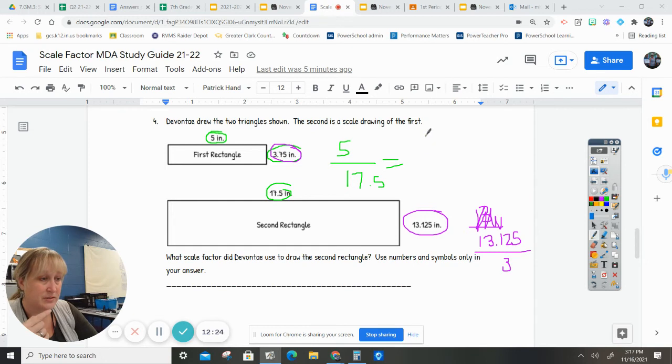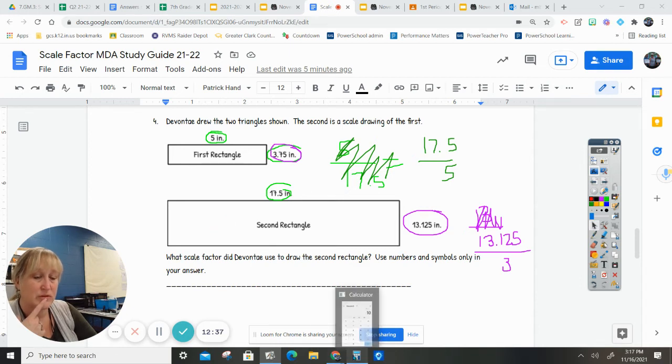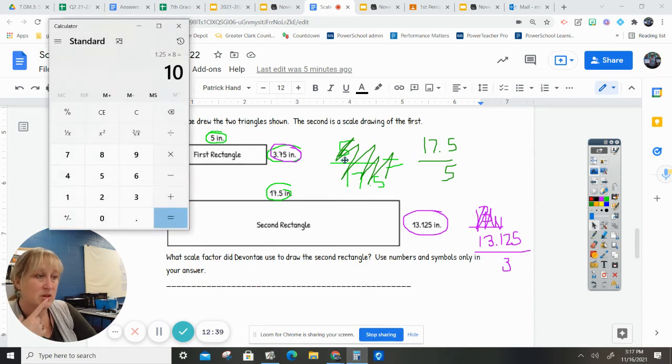Let's get a different green. My big number should be on top because I'm going to divide. I want a whole number. So ignore this. And then grab your calculator. Wait for the calculator to show up. There it goes. 17.5 divided by 5 equals 3.5.